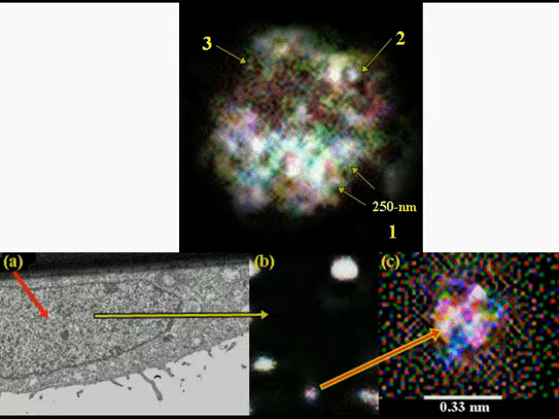In the bottom left image, A, the red arrow points to the last image that we just saw in the video. That is the cell where the nucleus had completely disappeared.